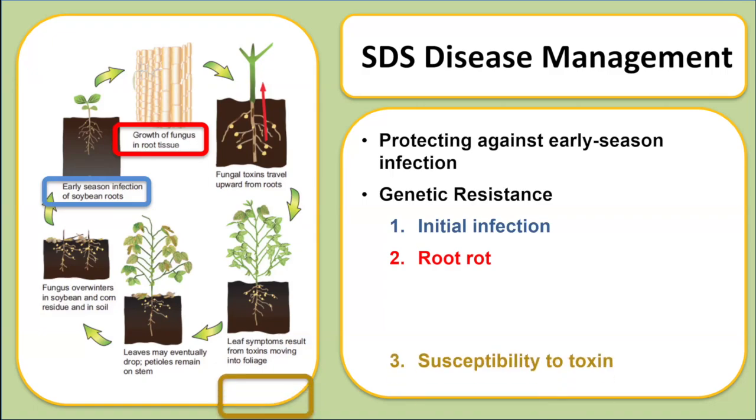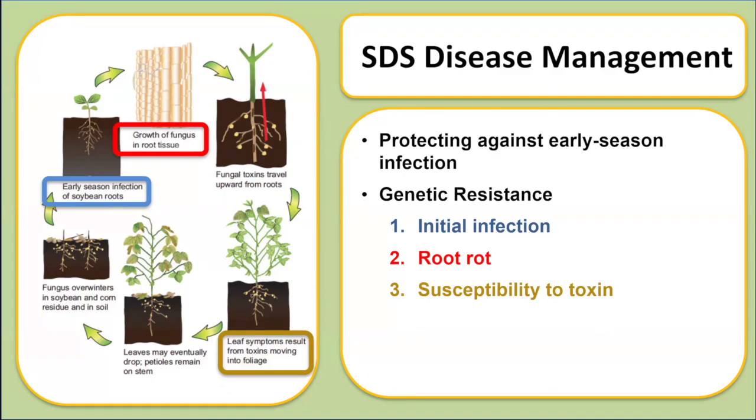And then the last and probably the most common form of resistance that we have for SDS is the susceptibility to the toxin. Even if that pathogen is present in that root tissue and sends that toxin up, if that plant does not respond to the toxin, then we don't see the leaf drop. We don't see that reduced photosynthetic activity of that plant, leading to yield losses.